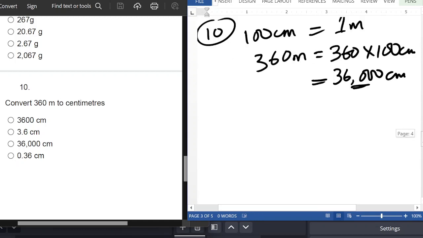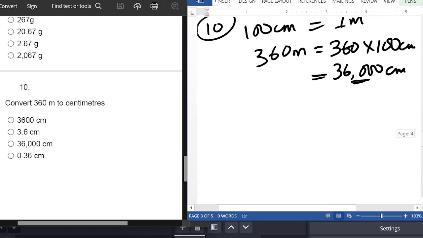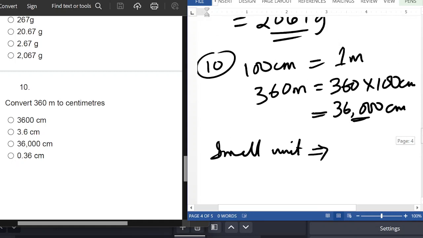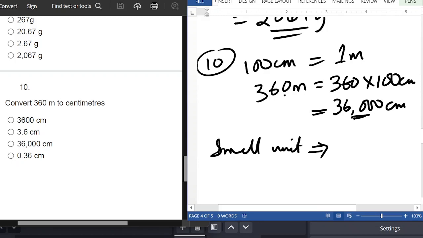Now the bottom line here is this. If you watch the video I made on this topic, I made it to understand that anytime you are changing from a small unit to a big unit, you divide.